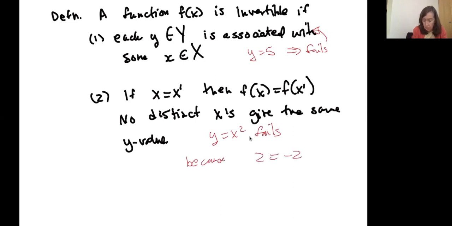Okay, so you can have 2 distinct x values, but they do indeed give the same y value of 4. So that's really all I want to say in this introductory overview about functions.